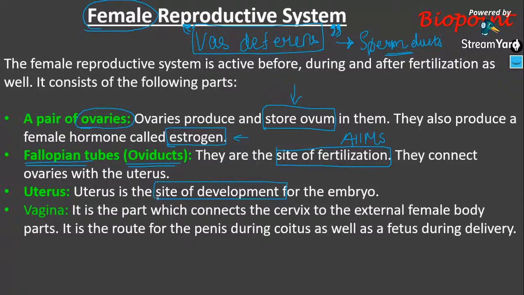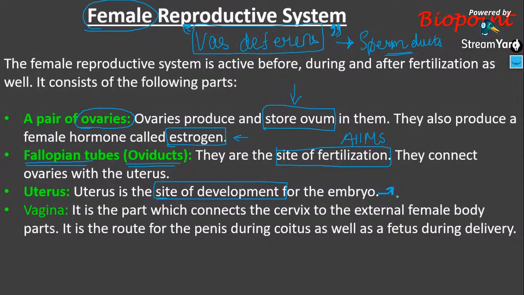Guys, what is the process of development of the embryo inside the uterus known as? Anybody? NEET batch or 10th batch? Anybody can tell me the answer. Let me check whether any brilliant doctors are here. The process of attaching of the embryo in the uterus, with further development taking place in the uterus.